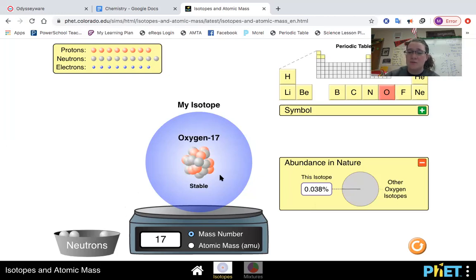And so this one actually has a higher abundance of oxygen 18 than oxygen 17. And we can see that in several elements. It's just what's most stable and how they're most likely to form. But then you see that there is no oxygen 19. And so that's just looking at the abundance of them.